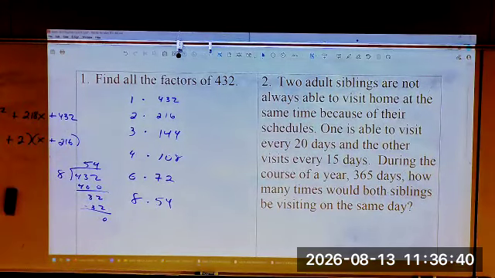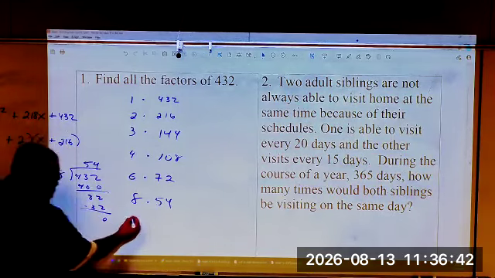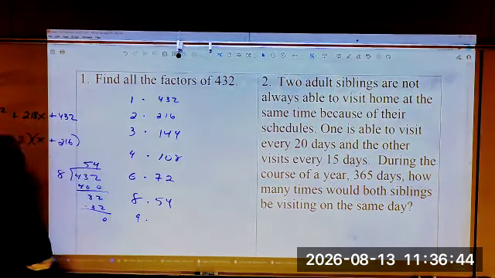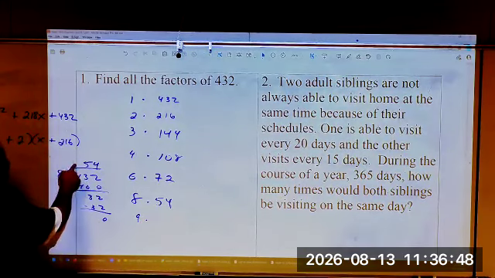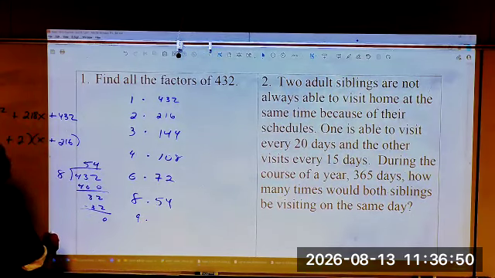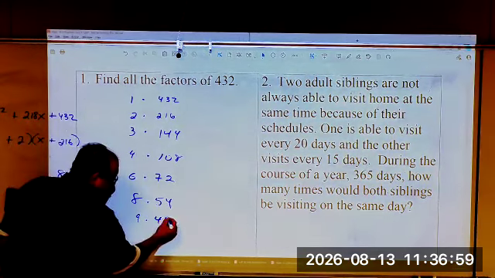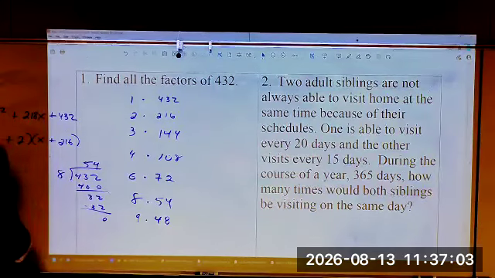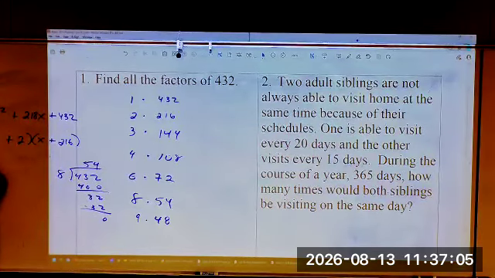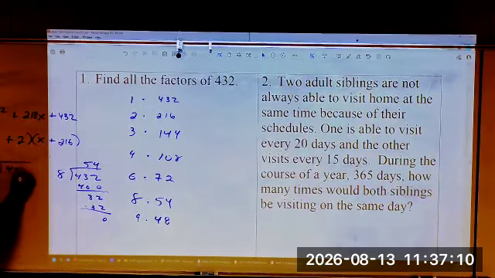9, we know 9 works because we've added up the digits to 9. So if we divide that by 9, that's 48. Again, my OCD, check, trust myself.